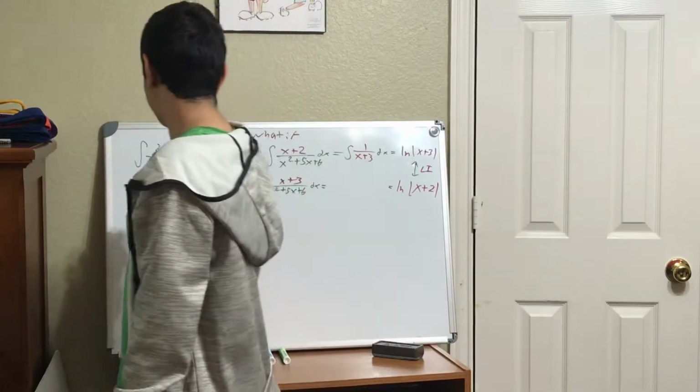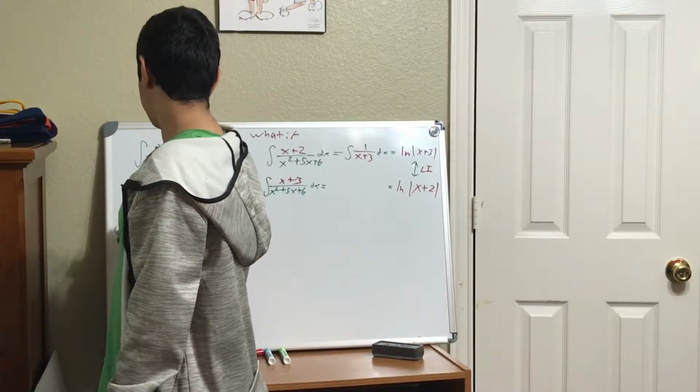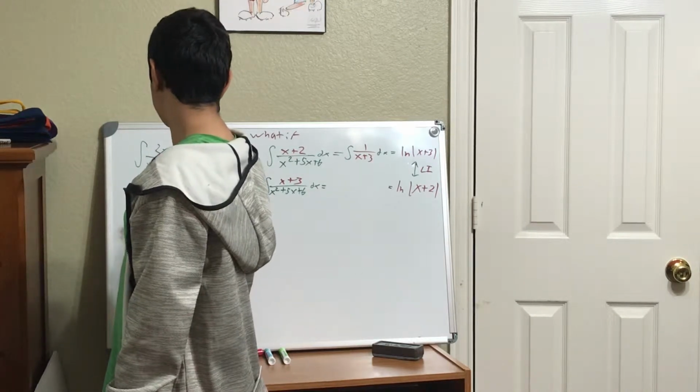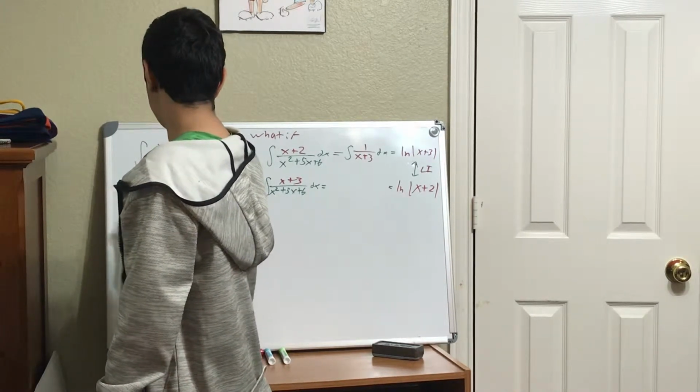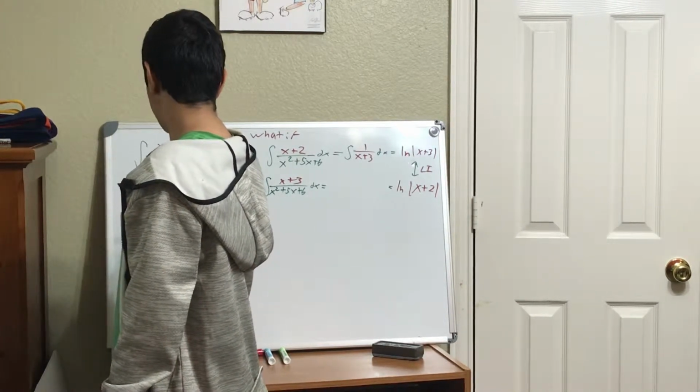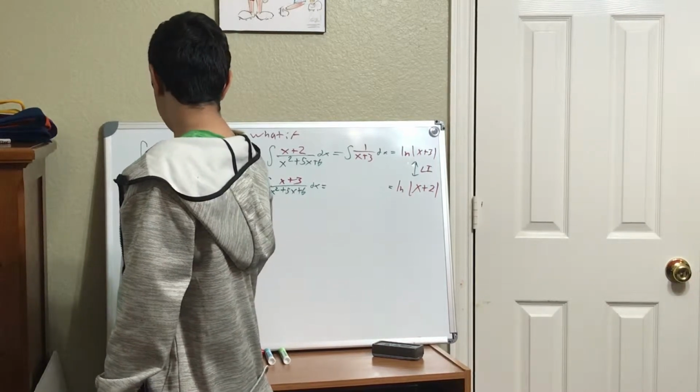So we have our integral of 2x plus 3 all over x squared plus 5x plus 6 dx.